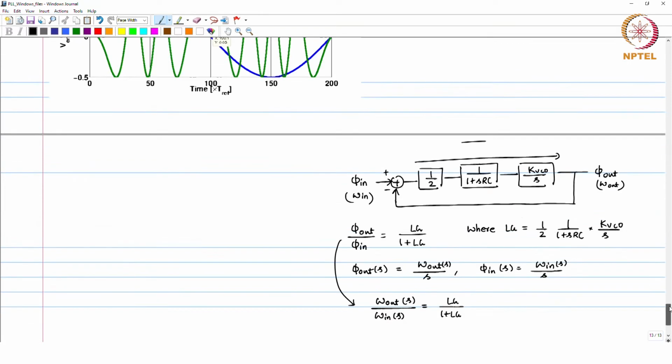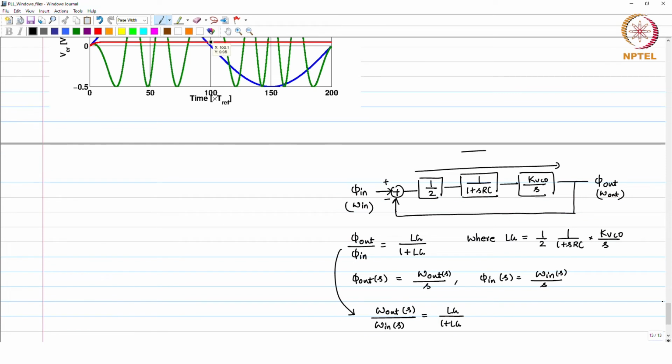What we want to know from all this analysis, using the small signal model, is the final error which I am going to get when you apply any input.